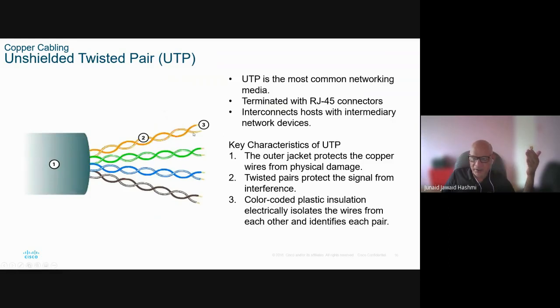So you have solid orange and white orange, solid green, white green. Okay. And only 4 wires out of 8 are used to carry the actual signals. The other 4 wires are used to eliminate the crosstalk by twisting. Okay, so that's why you eliminate the crosstalk.